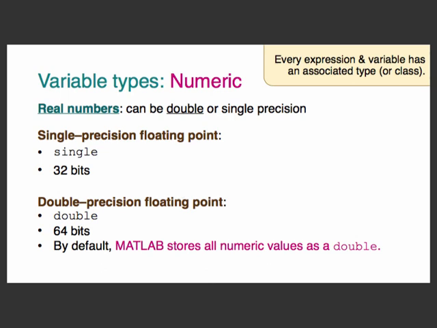Single precision is 4 bytes, double is 8 bytes. If I've got 8 billion bytes, I don't really care if I'm using an extra 4 bytes here and there. It doesn't matter anymore. It's an interesting thing to be aware of, but for this unit, it won't matter that much.